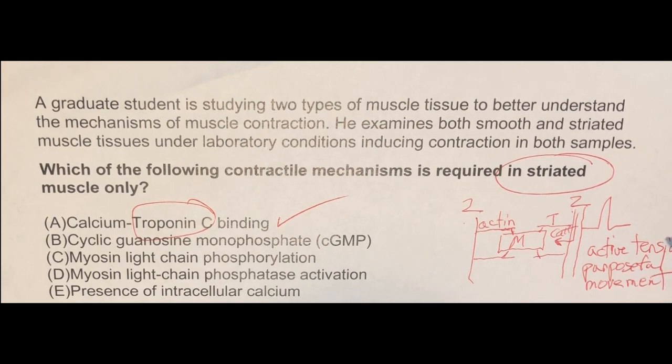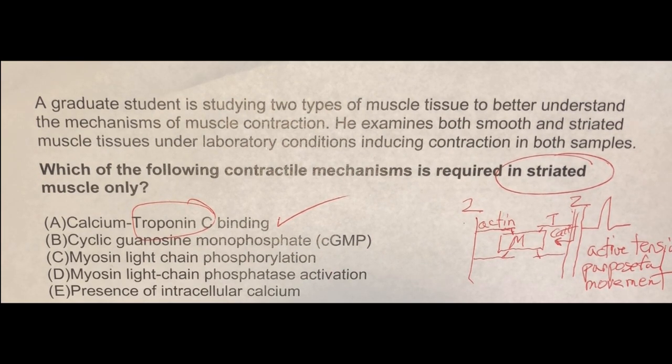Now what about E? It also jumps out at me that there's a presence of intracellular calcium here, and is there a presence of intracellular calcium only in striated muscle, only in cardiac and skeletal muscle? No, there isn't. We know that intracellular calcium is the main signaler for contractile force in all muscle, including smooth muscle.